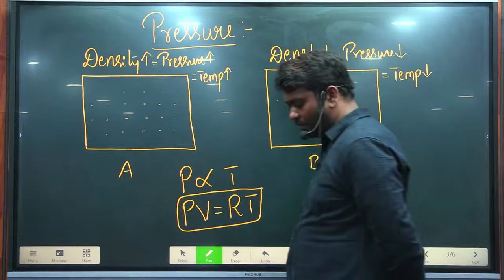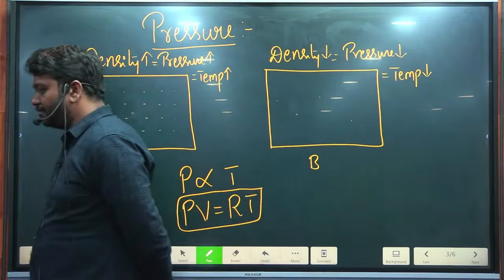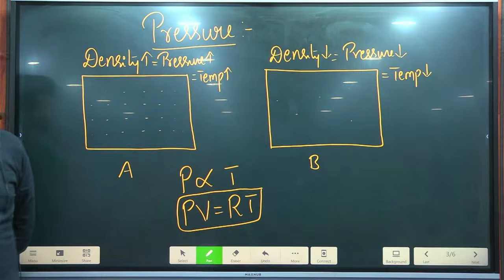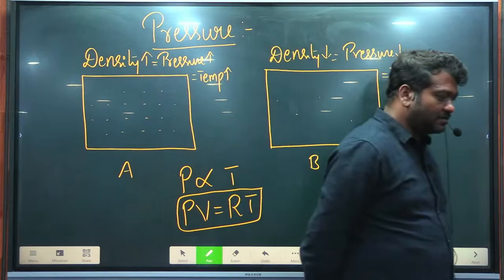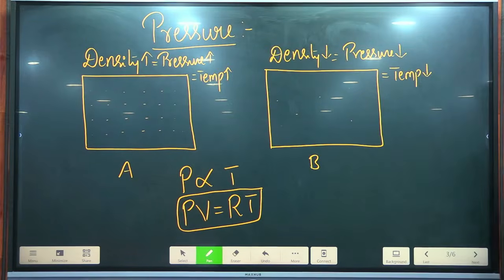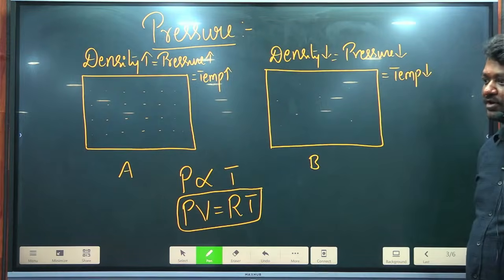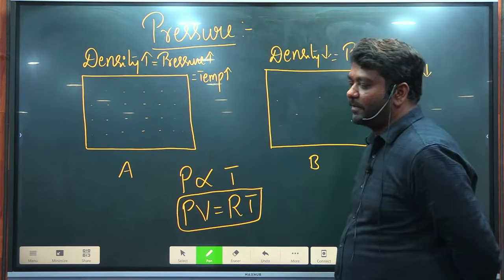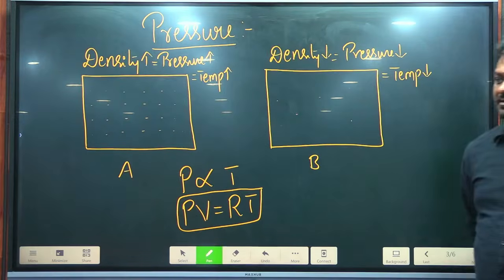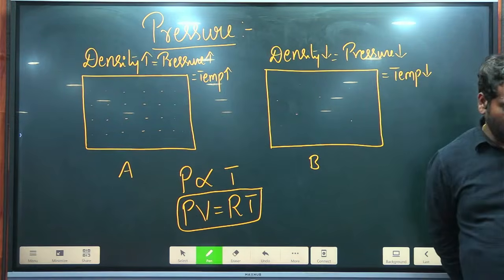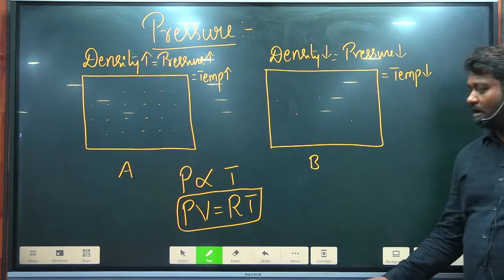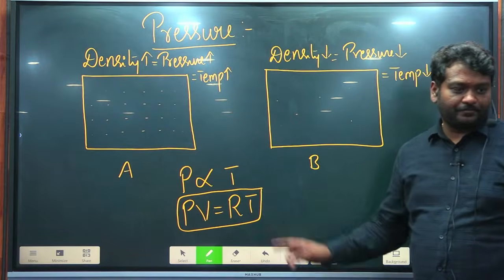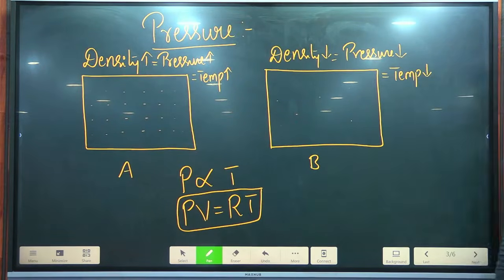Next point, within atmosphere, pressure is directly proportional to temperature. In box you can write PV is equal to RT. Okay, draw this.